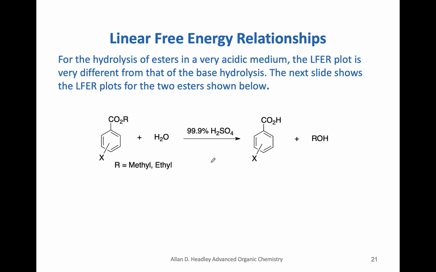Okay, let's conclude by looking at another type, the same type of reaction, but in a different reaction medium here. This is an ester. So we have two types of groups here, the methyl group and the ethyl group bonded to that ester. But notice this is in sulfuric acid, strongly acidic.